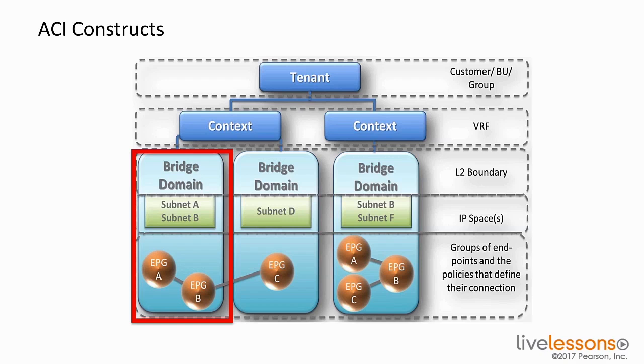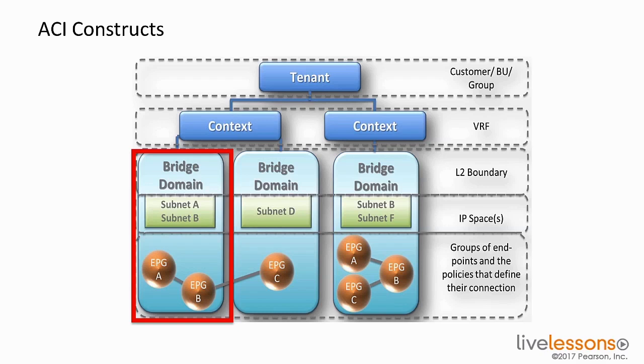Underneath a bridge domain, I can put a subnet or a default gateway, and a bridge domain controls how layer 2 acts for a certain set of devices that I associate with that bridge domain. It also contains the subnets that the groups I put underneath that bridge domain and the default gateways that the groups I put underneath that bridge domain can use.